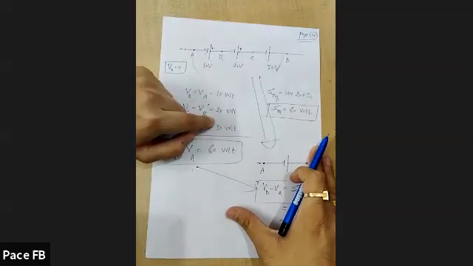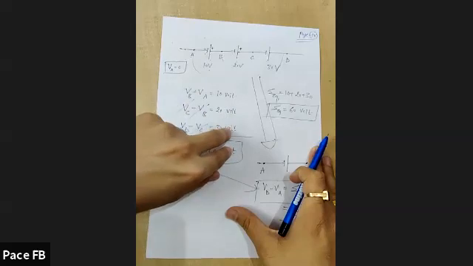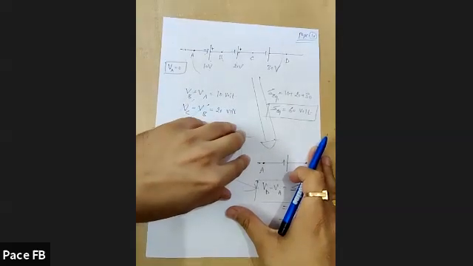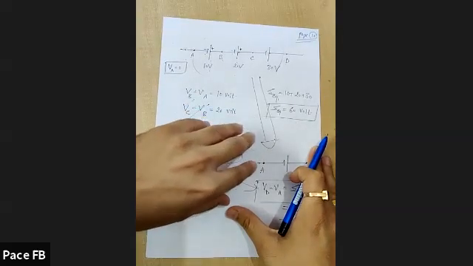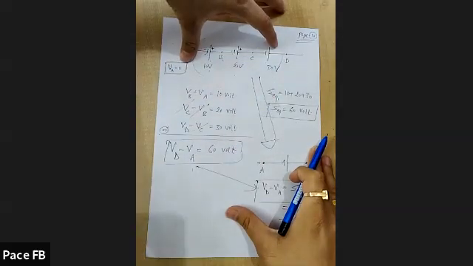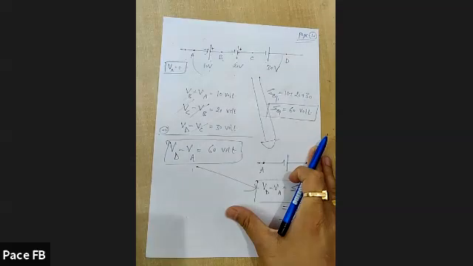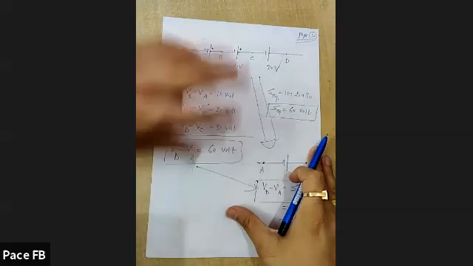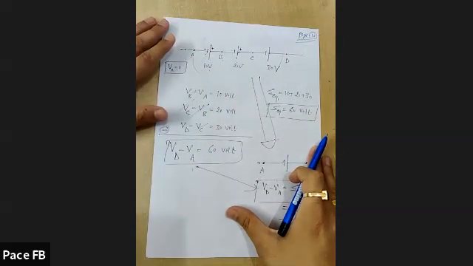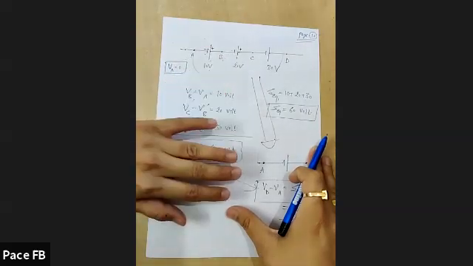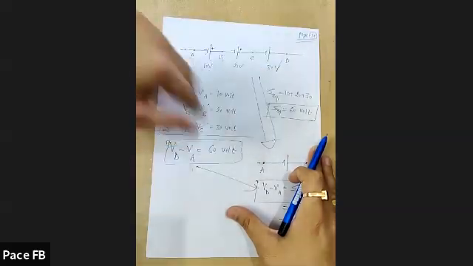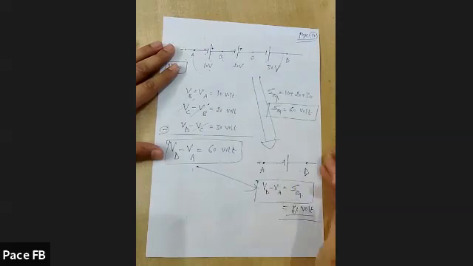That single cell will produce the same effect as produced by all of these three. Like we were doing for resistance: when multiple resistors are connected, find R equivalent, and that R equivalent will give you the same effect as produced by all the multiple resistors.